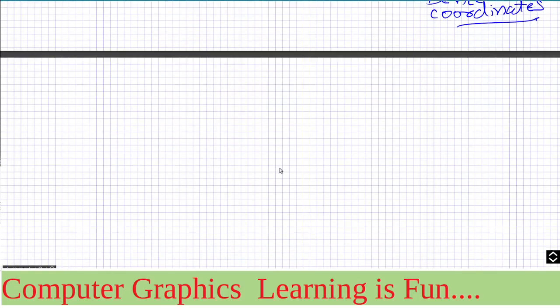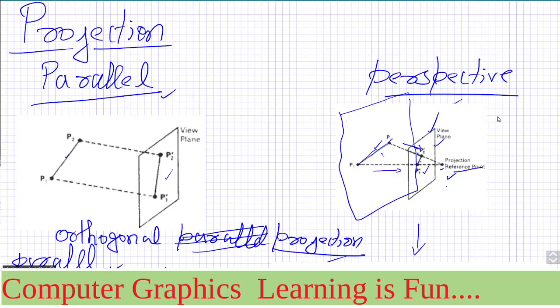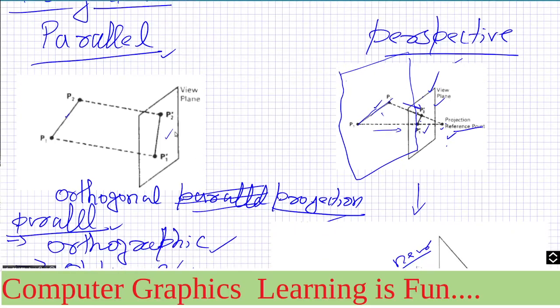So let me include some of the things related to it. In projection, what happens? It can be a parallel projection or perspective projection. In parallel projection, it will give you a look parallelly, I should say, at what is visible from here. Okay.